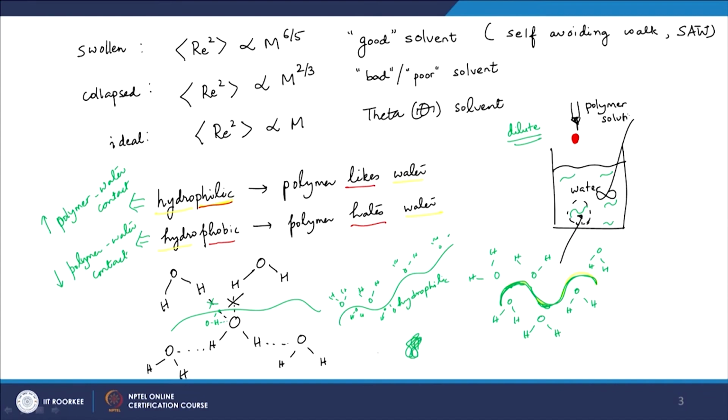On the other hand, when it is hydrophobic, then the best case situation is water molecules will remain as it is, and the polymer is simply asked to precipitate or collapse, because when the polymer is collapsed, then you form fewer contacts of polymer with water, and in that case the water molecules have to sacrifice lesser number of hydrogen bonds.